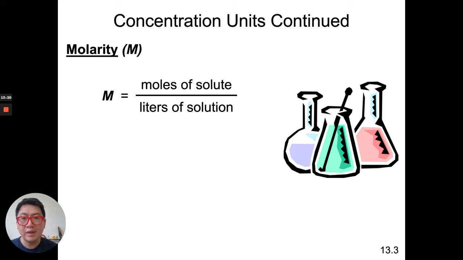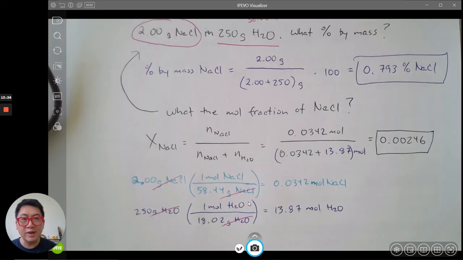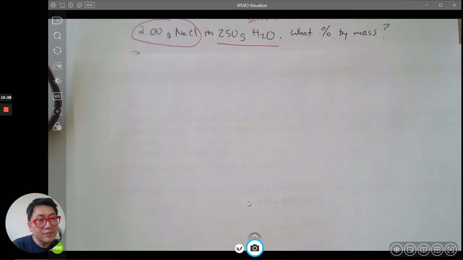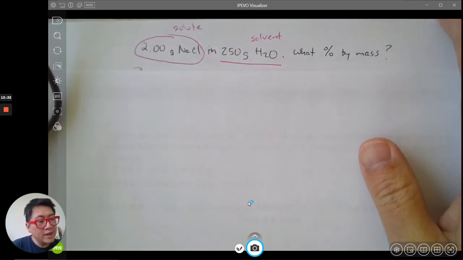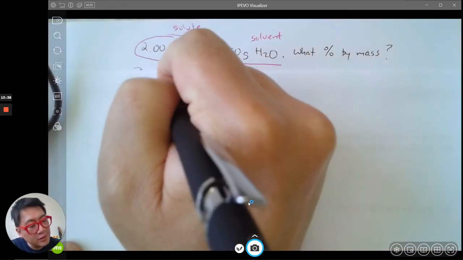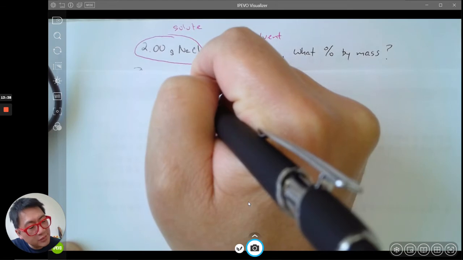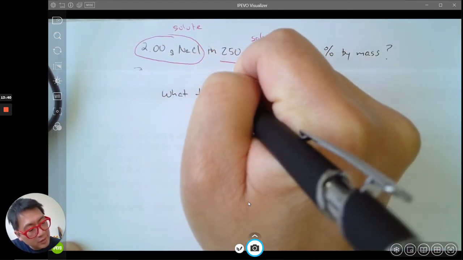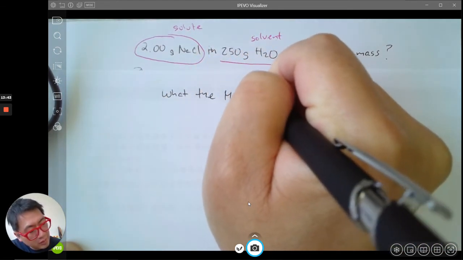And so let's do an example of that using the exact same one. I'm just going to use a paper to cover up so I have space. Let's say I'm trying to find a molarity, but I do have to convert one thing. So, okay, now the question is, what's the molarity of the solution?